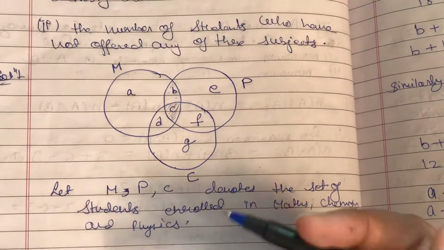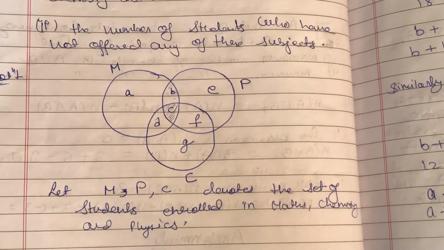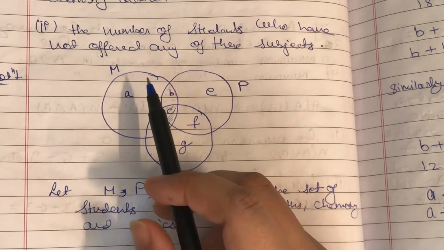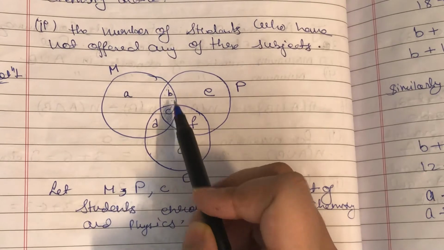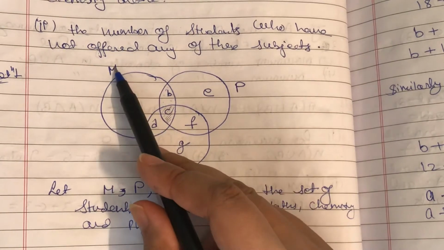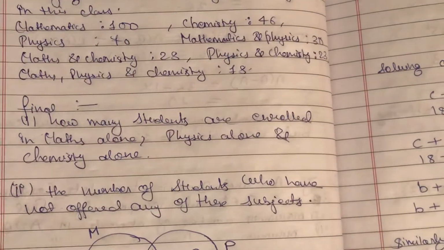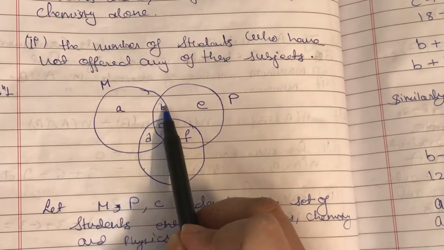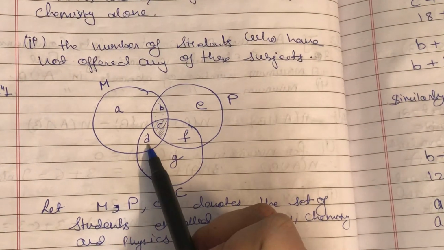So now proceeding further from the Venn diagram, can you say that A plus B plus C plus D represents what? Students enrolled for mathematics. And how much is it given in the question? Mathematics is 100. So can I write A plus B plus C plus D equals 100?